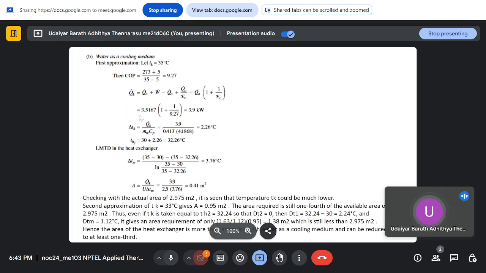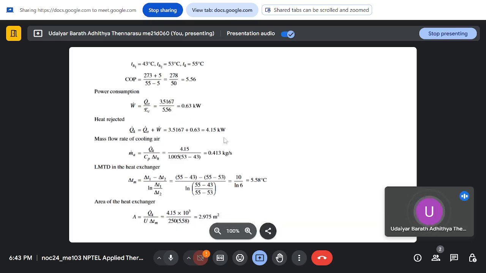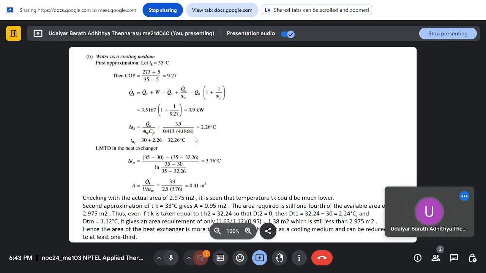So delta T across the hot end will come out to be Q at the condenser divided by m Cp. Again Cp is 4.186 for water, and we are using the same mass flow rate as in air, which we found out as 0.413. So this gives me a 2.26 degrees Celsius rise in temperature.